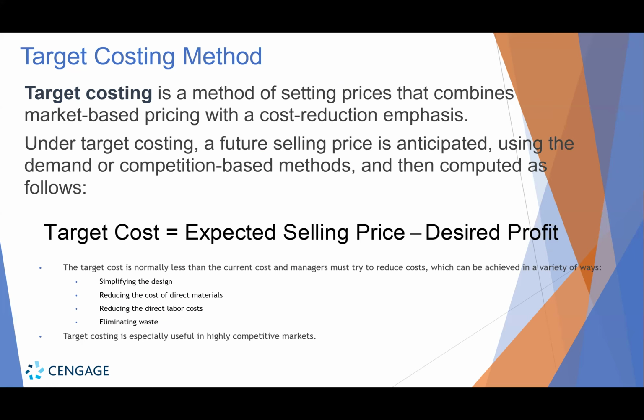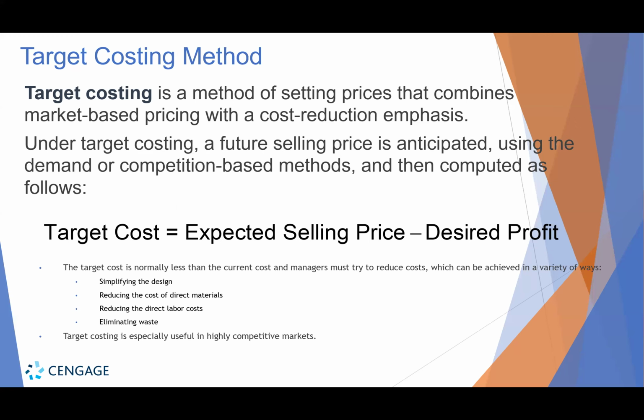Target costing is a method of setting prices that combines market-based pricing with a cost reduction focus. Under target costing, a future selling price is guaranteed or is desired using the demand or competition-based methods.